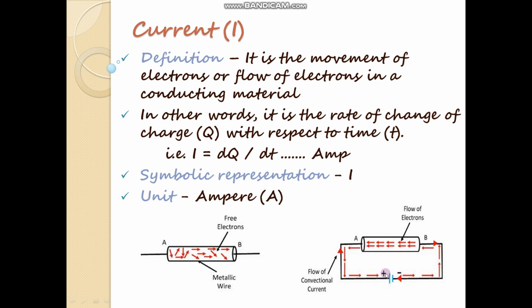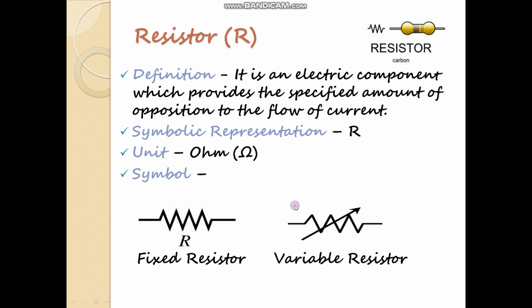That is, the current flows from the positive end of the battery to the negative end of the battery. In other words, the current is the rate of change of charge with respect to time, and it is given by I equals dq by dt. It is represented by the letter I and its unit is ampere.